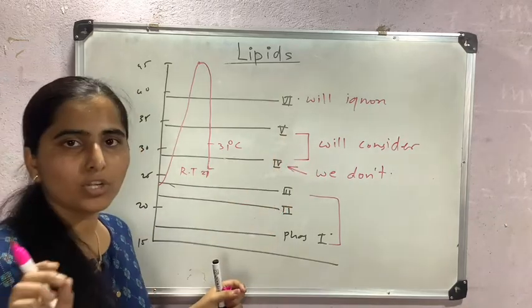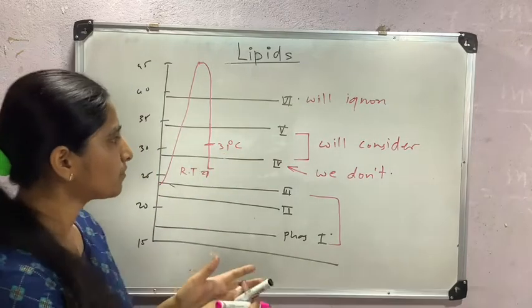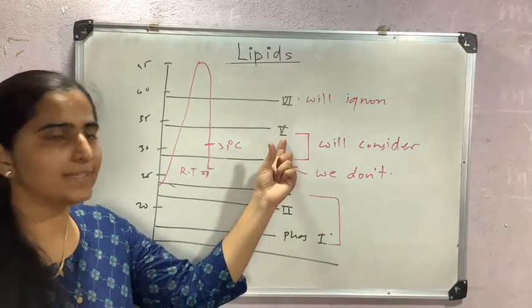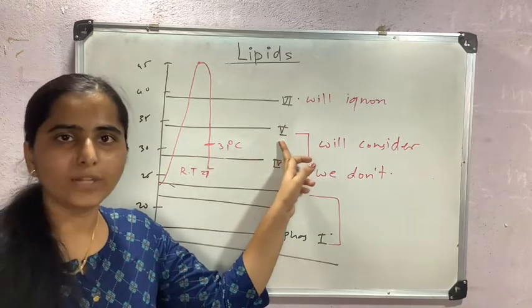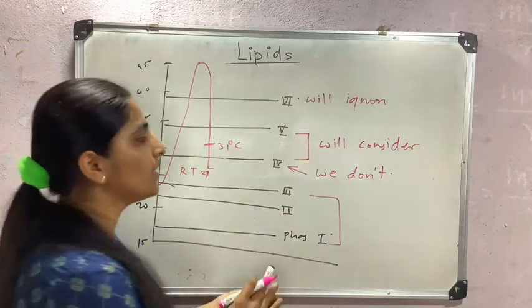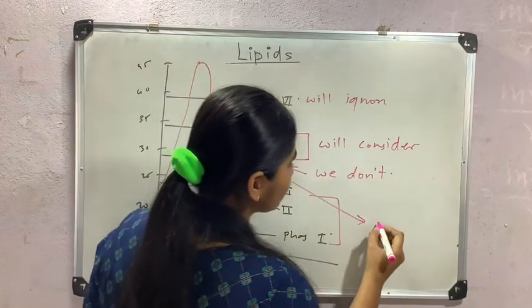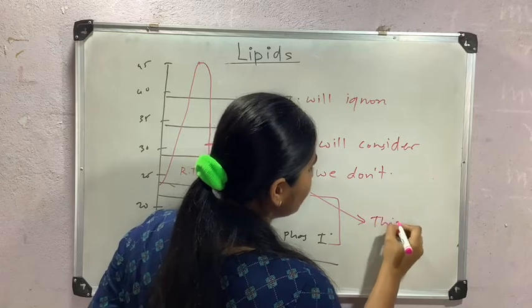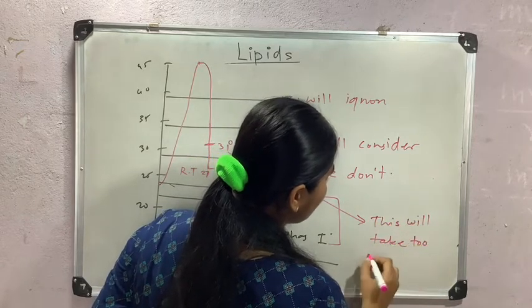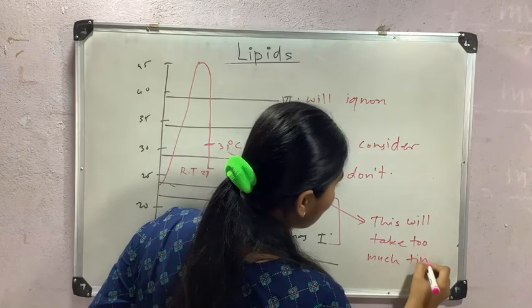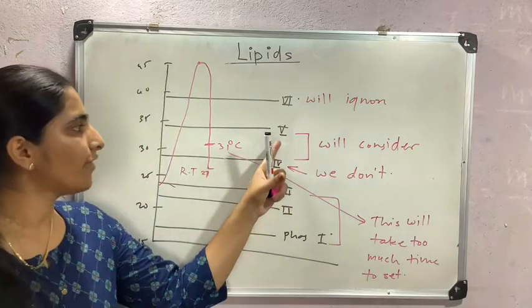But that is not quite enough, because these phase 5 crystals will take too much time to set the chocolate with the desired phase 5 crystals.